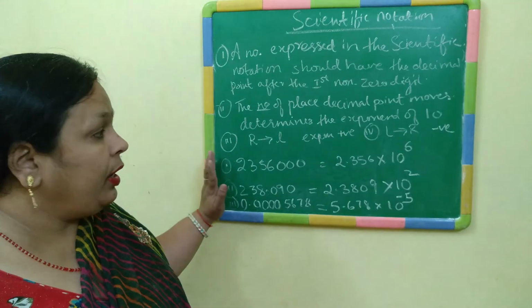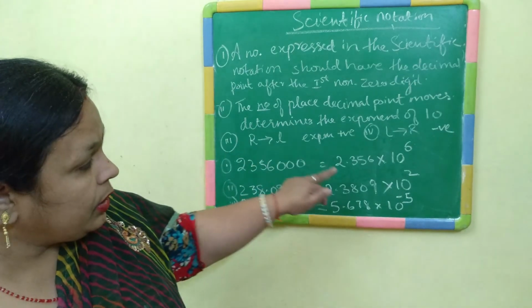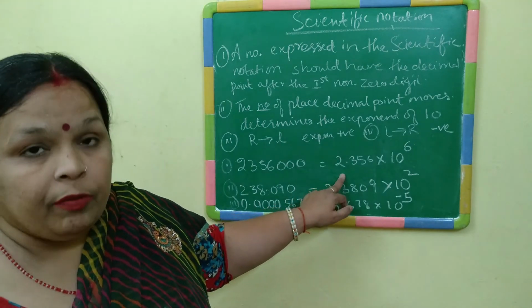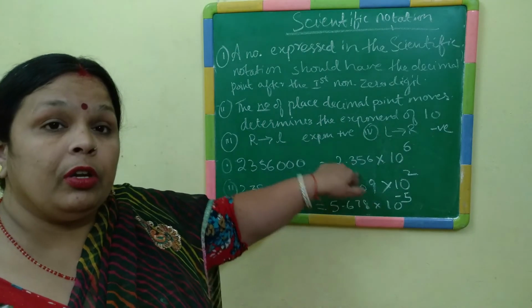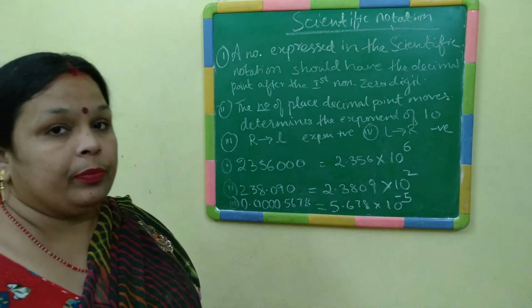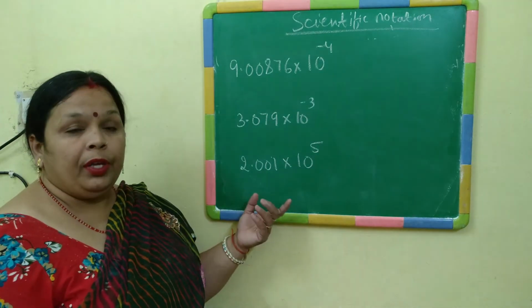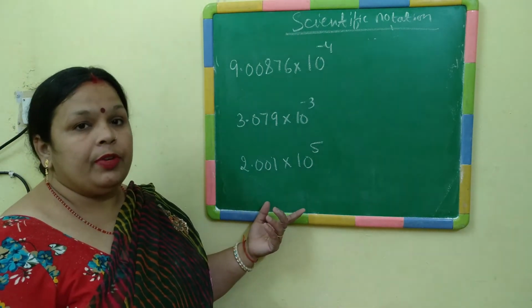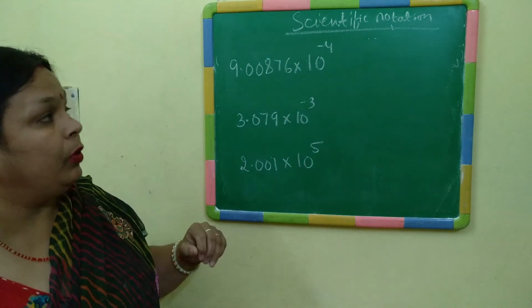Now we'll write the numbers. We have written normal numbers in exponential form, and now we will take a few examples where we convert scientific notation to normal number form.